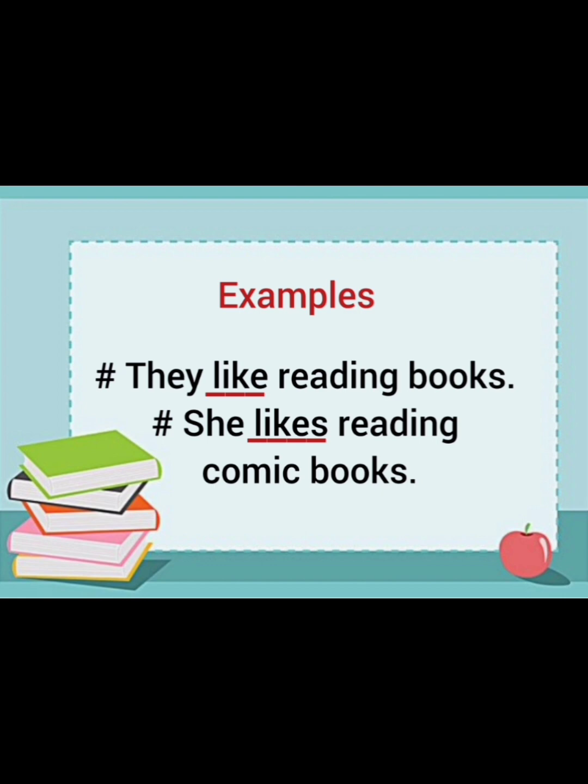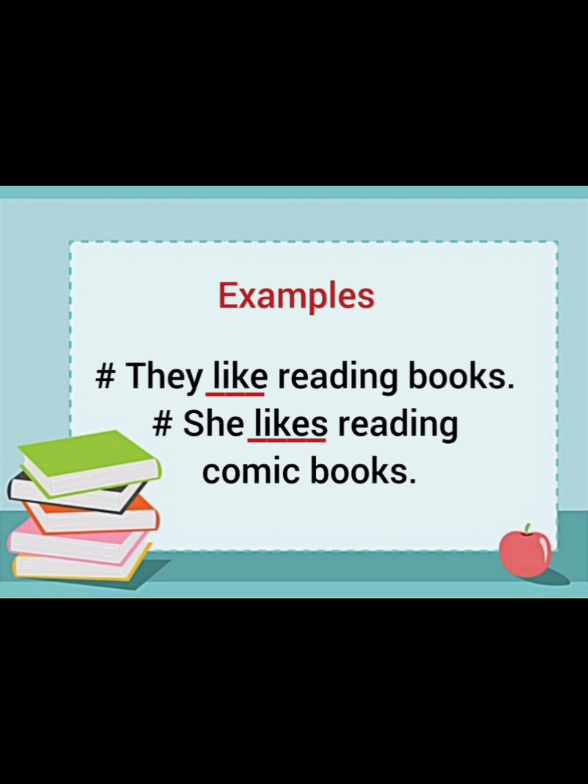But both the verbs are used according to the subject within the sentences. For they, I have used the first form, the base form of the verb, and for she, as it is singular, I have used s with the verb like. So this is according to the rules of the tenses.